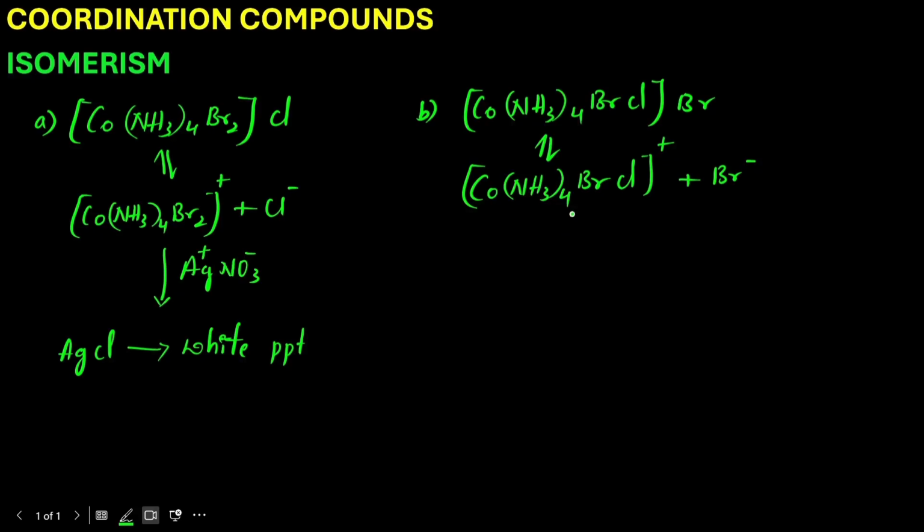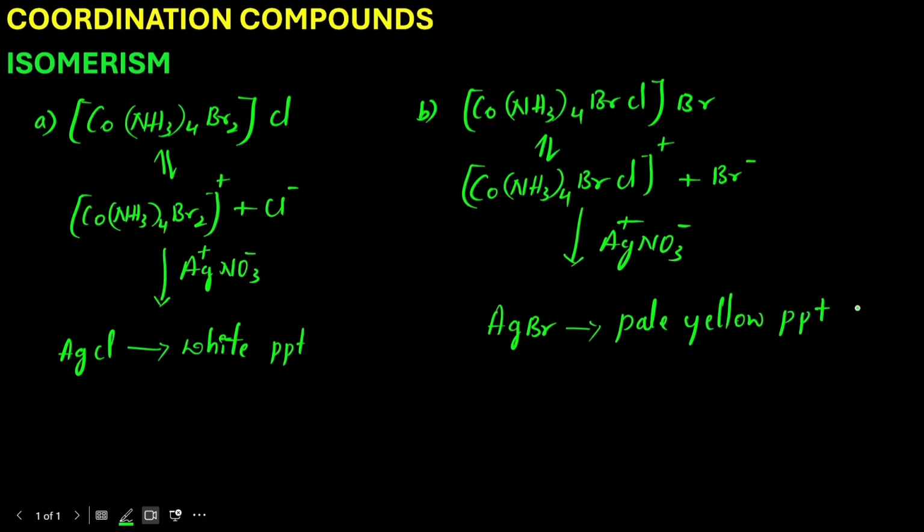Again, if you treat this with AgNO3, Ag+ reacts with Br- to give AgBr, which is a pale yellow precipitate. Here we get white precipitate because the counterion is Cl, and here we get pale yellow precipitate because the counterion is Br. Therefore, these two are examples of ionization isomerism.